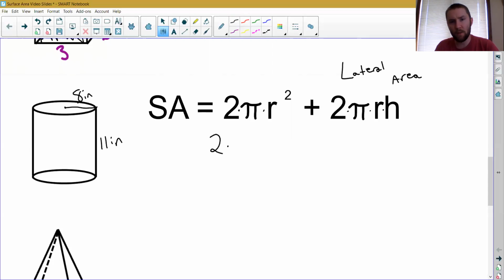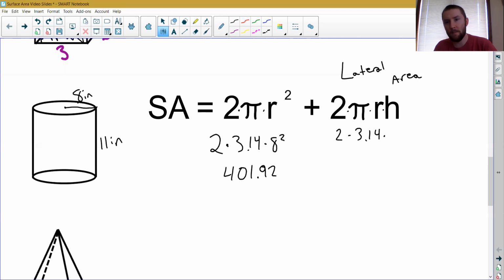So in this case, we'll have 2 times 3.14 times the radius, which is 8 squared. So 8 squared is 64 times 3.14 times 2. I end up with 401.92, okay?